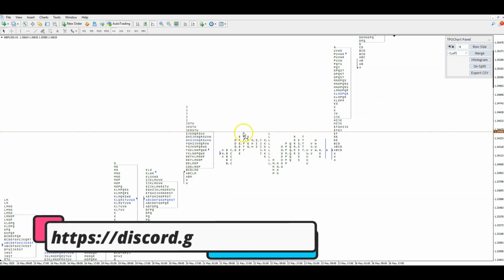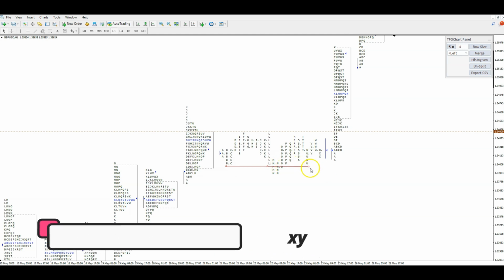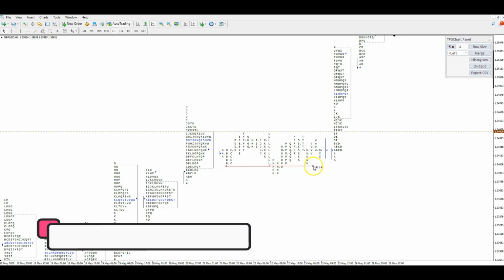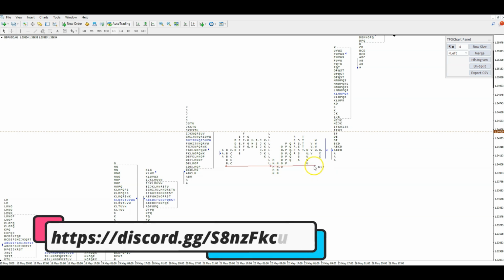Right, so we establish a low and a high. So if we draw a line under here, not rocket science. Not rocket science at all. So this is the low.